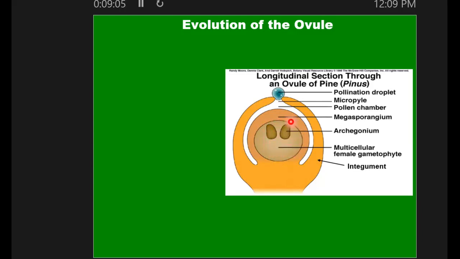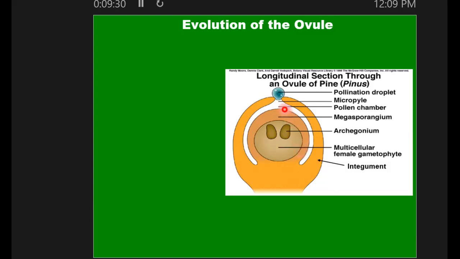And you can still see it's still being held within the megasporangium, which is surrounded by the integument. So you have a lot of protection for this. And so now that female gametophyte, the megagametophyte, it's like, okay, I got the eggs, everything's good to go. And now it has to hopefully be fertilized. And in order for that to happen, got to get the pollen there.